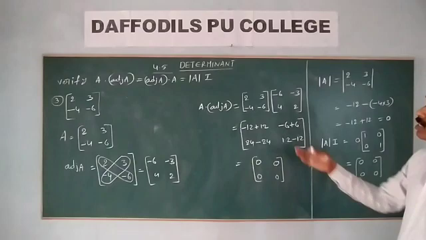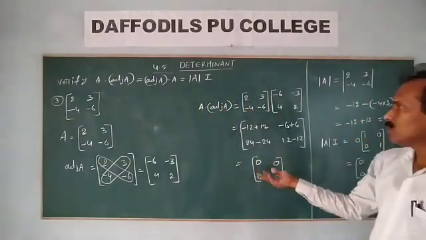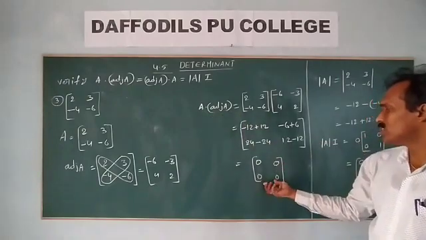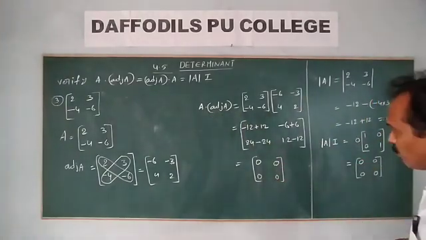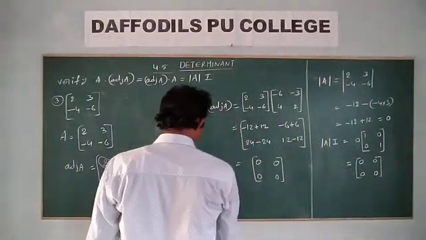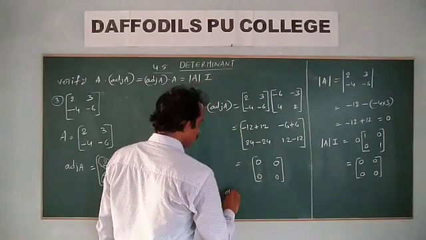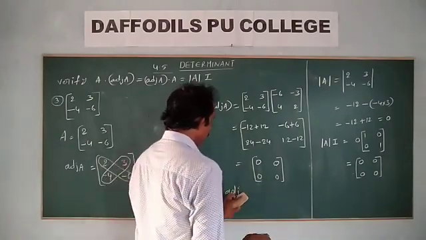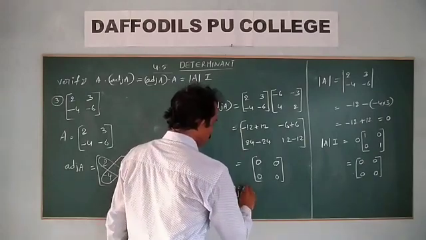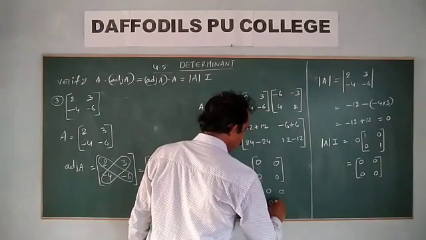So similarly, adjoint A into A is also the same answer, 0 0 0 0, since det A is equal to 0.